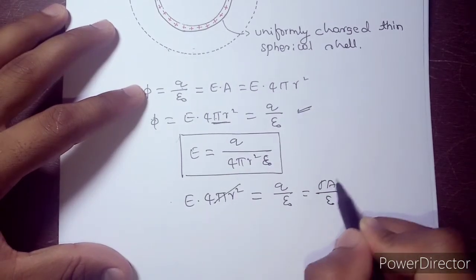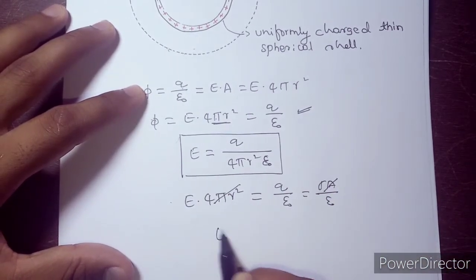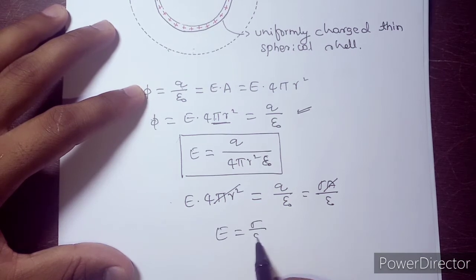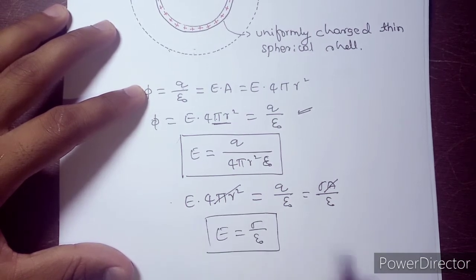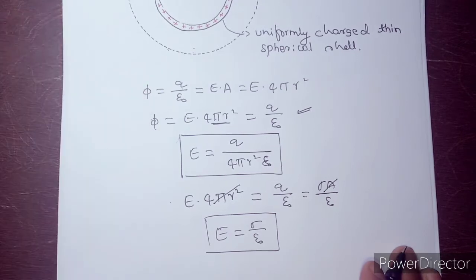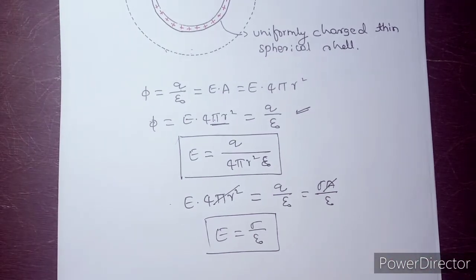So this area will cancel out here, and you will get E is equal to sigma by epsilon naught. That is in terms of charge density.